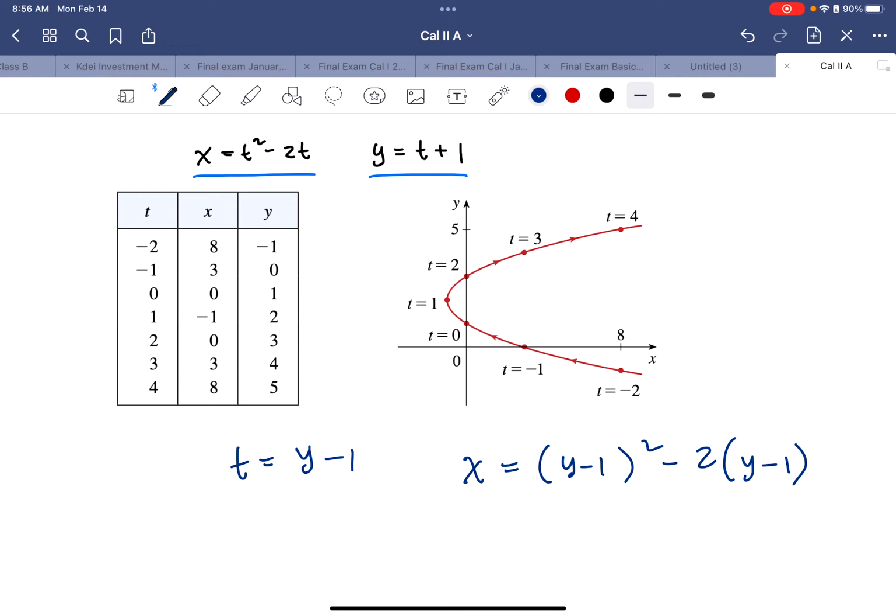And we are moving -1 here. And if you want to solve this and simplify, you can also do that as well, and you can see the parabola.